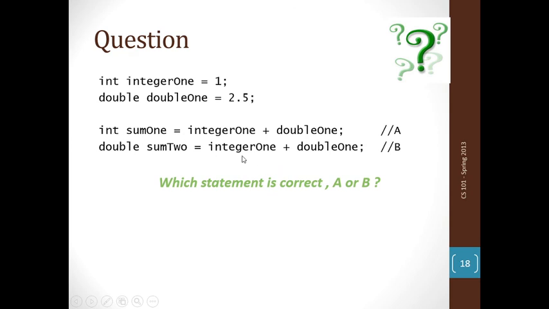But we can store the integer value into a double variable. So this is correct. We can store the integer value into a double variable because it occupies more memory. But we cannot store the double value into an integer variable. So the second one is correct.